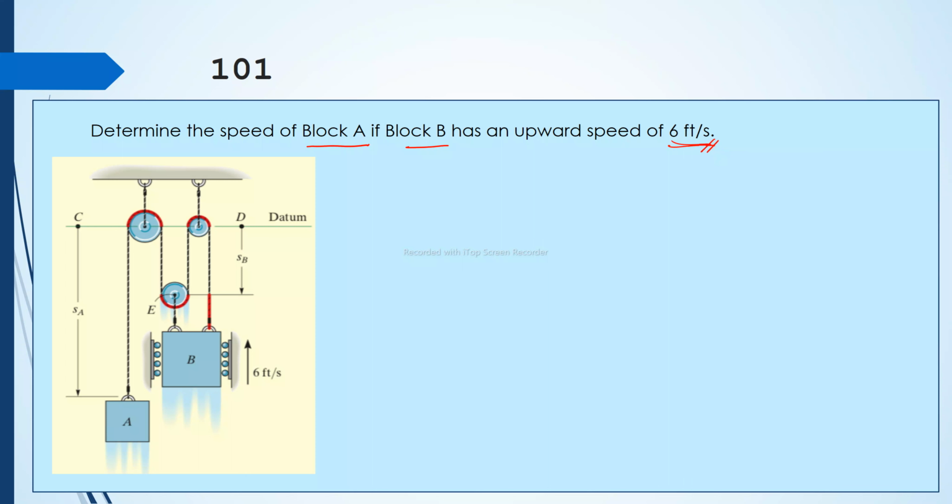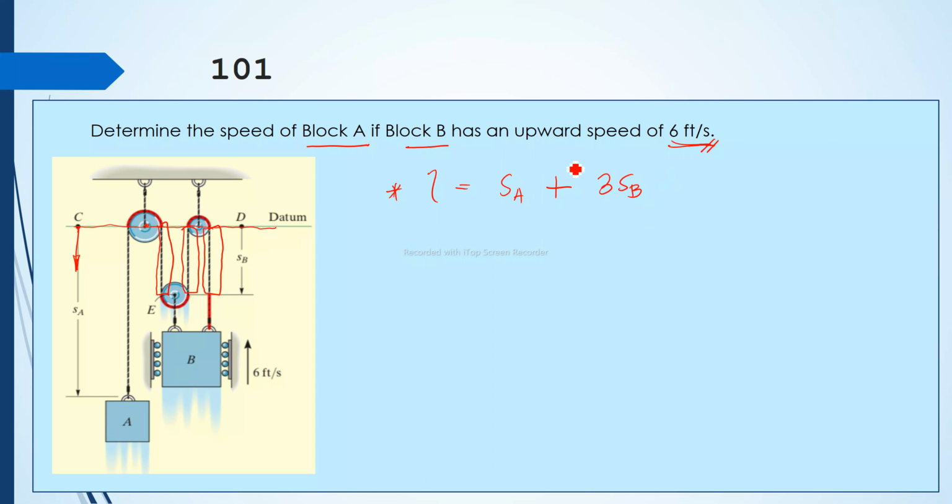What we do is write the total length of the chord is equal to, we have here our established datum line, and then downwards we have the length SA, plus the length here, plus this one, plus this one. These three lengths are equal. They are length SB. So we write it as 3SB.